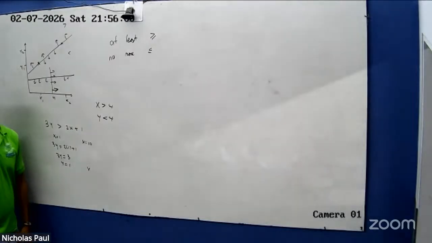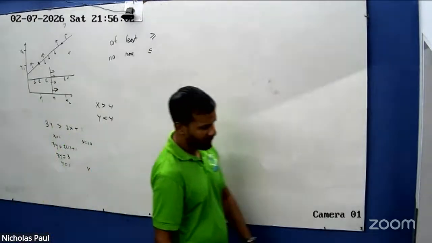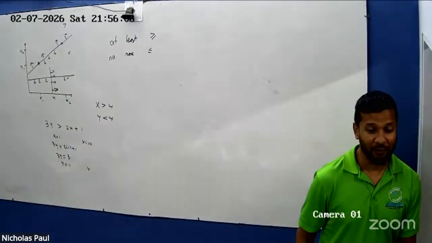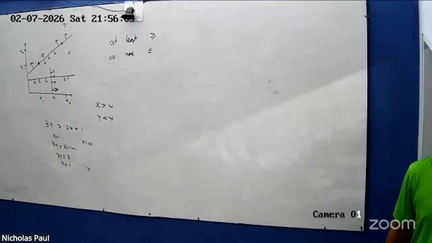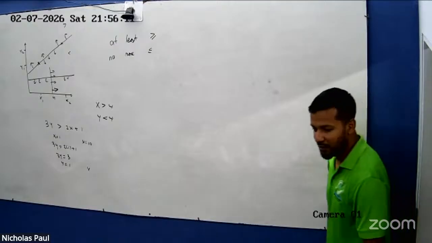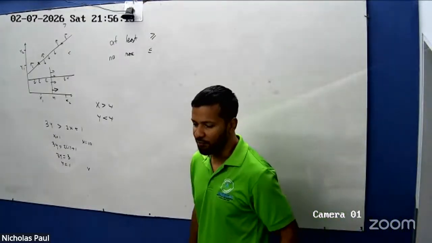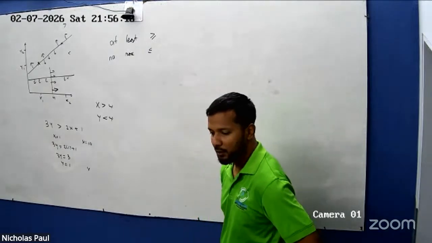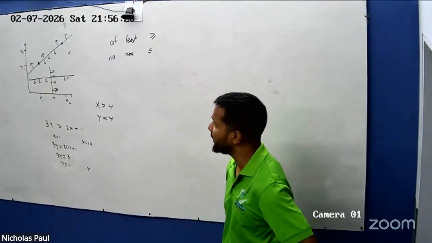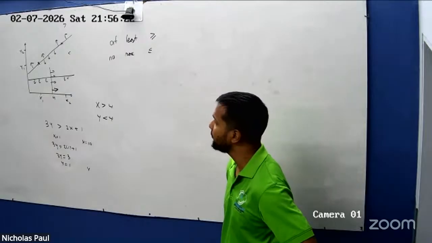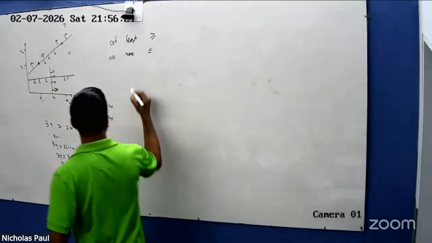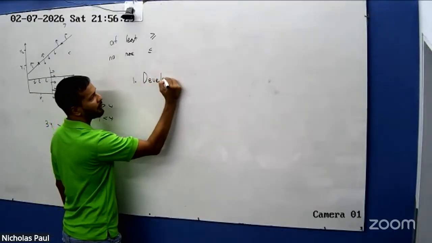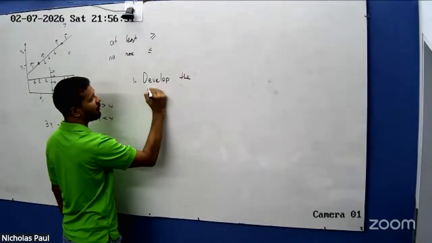First up, the steps to solve a linear programming problem are: Step one, develop the inequalities.